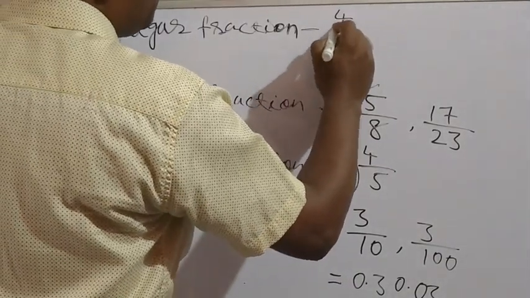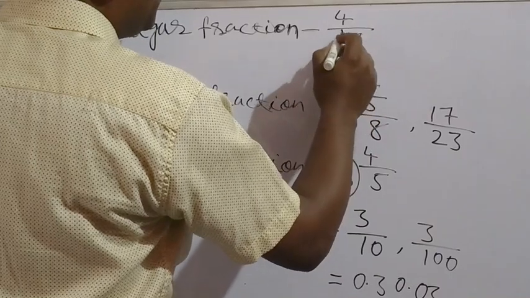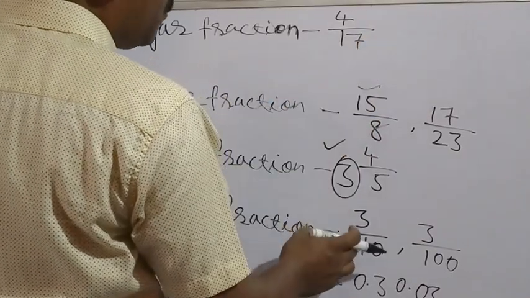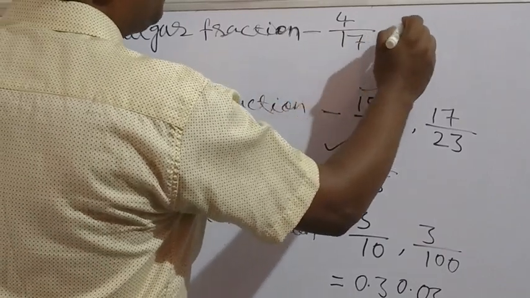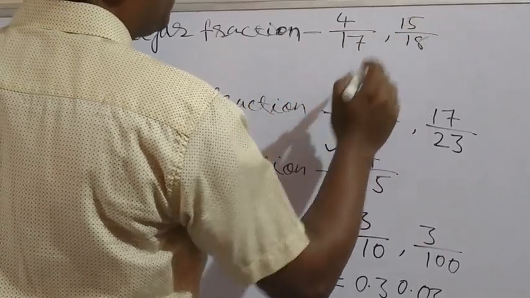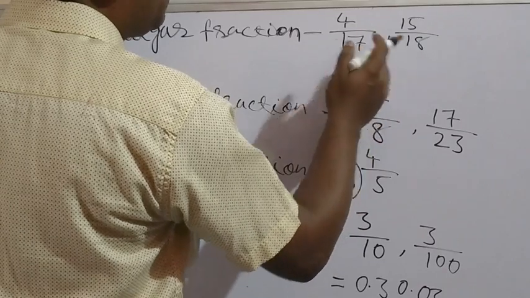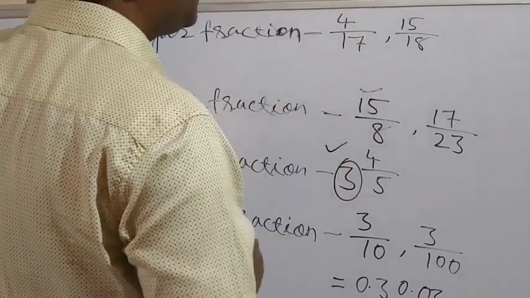Suppose 4 by 17. Here the denominator is not in the power of 10. So it is called vulgar fraction. Or 15 by 18. So here it is not in the power of 10. This is called vulgar fraction.